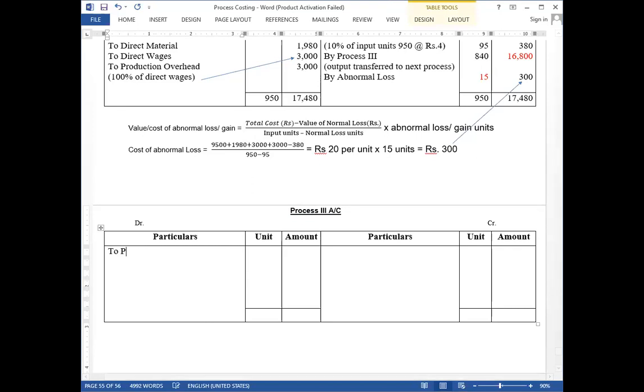So, to process 2 account. The last process value is 840 units and the amount is 16,800. So 840 units at the rate of 16,800, the cost of this process input item.